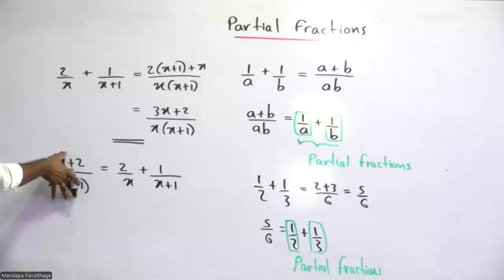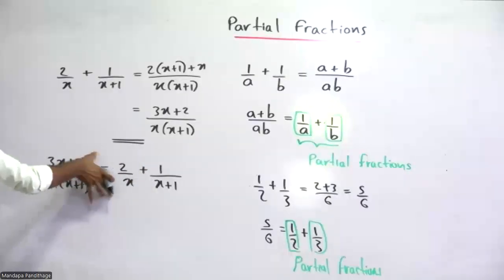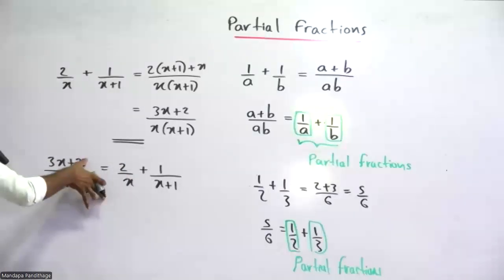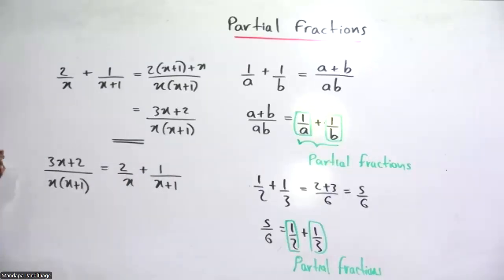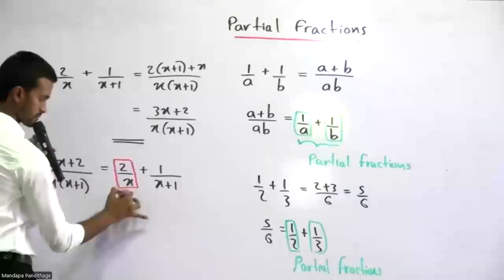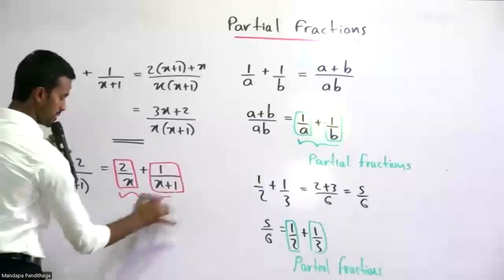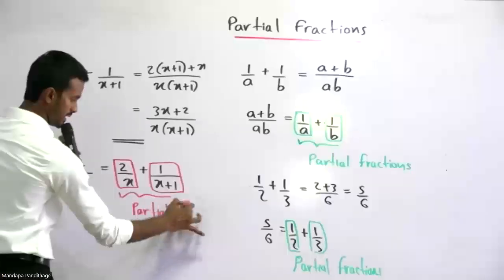So this fractional expression has been split, broken down, or decomposed into two fractions. This and this are the two partial fractions. There may be 3, 4, any number of partial fractions.